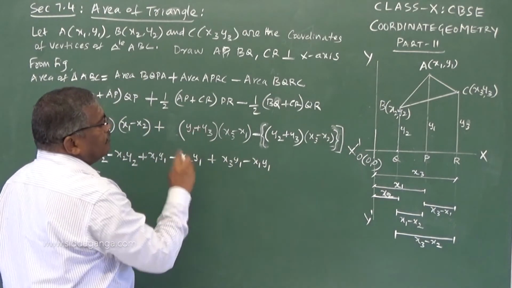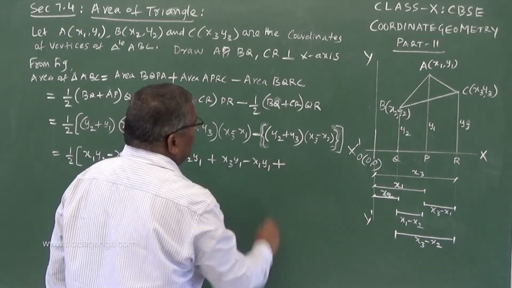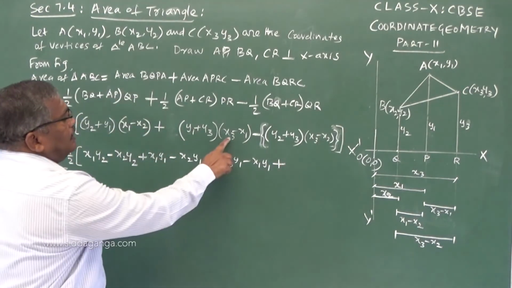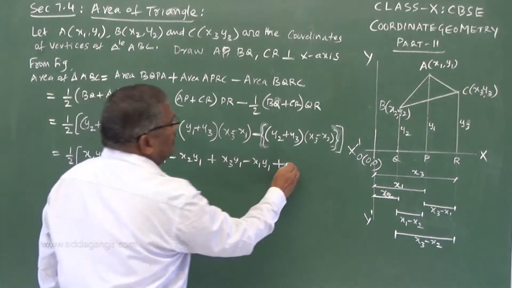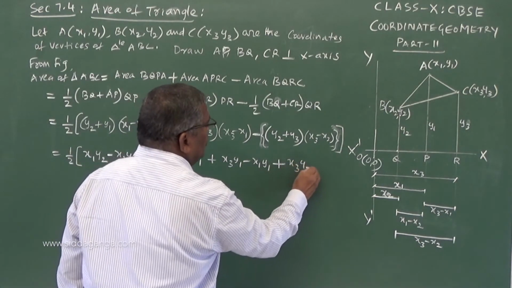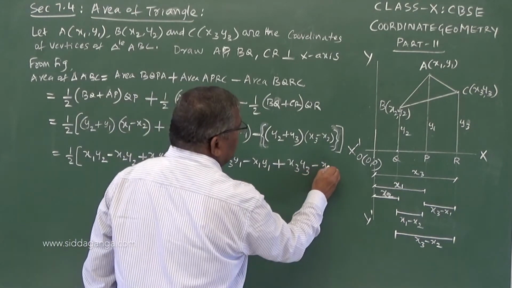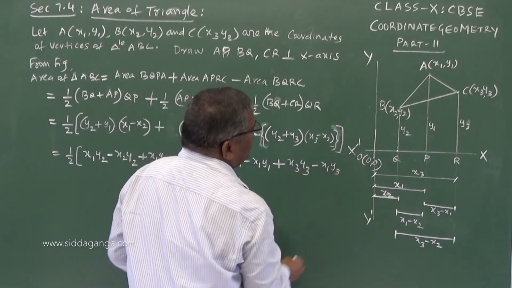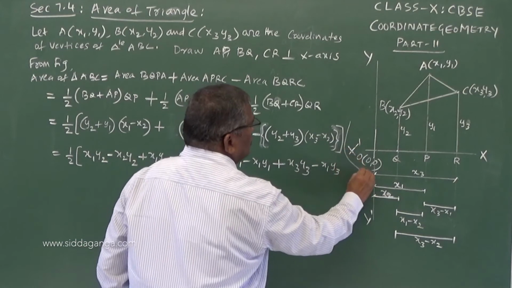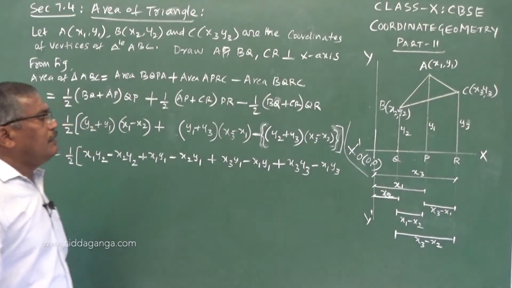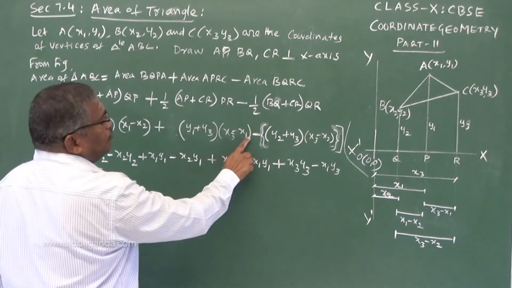Plus, now multiply with Y3: plus X3 Y3, X1 Y3 minus X1 Y3. So we have completed up to this.